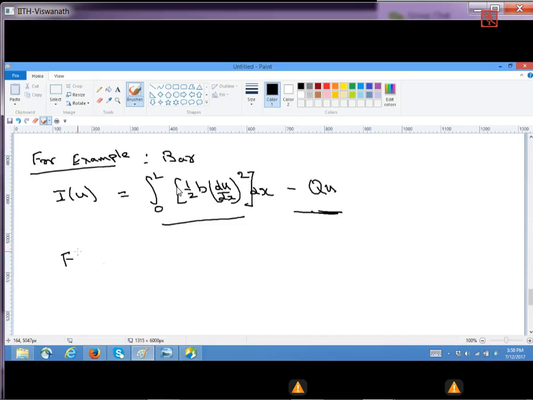You can see that f can be a function of x, u and u'. However, in this case, it is only a function of u', integral 0 to L of B u' whole square by 2 dx.